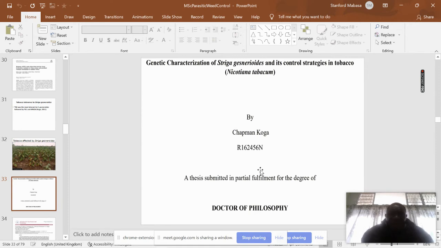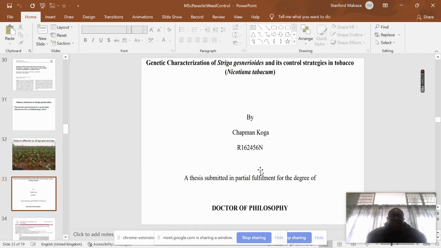Now, Kogard, who was evaluating these genotypes, actually did his DPhil at UZ, entitled "The Genetic Characterization of Striga gesnerioides and its Control Strategies in Tobacco."